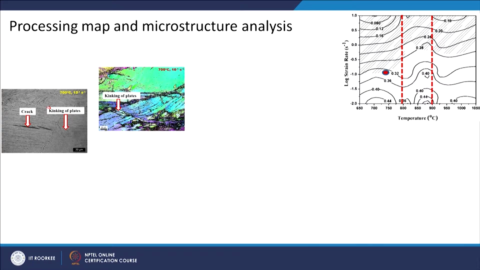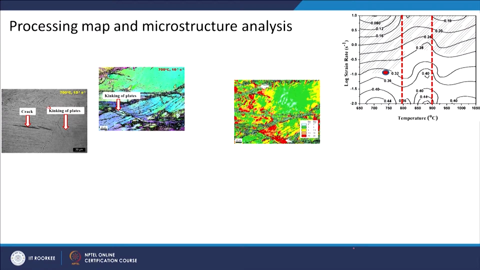You can see these alpha plates, and they got kinked at a particular location. This is a single grain, and in it you have alpha plates and a kink. We studied this again with EBSD analysis; the microstructure is through EBSD analysis only.